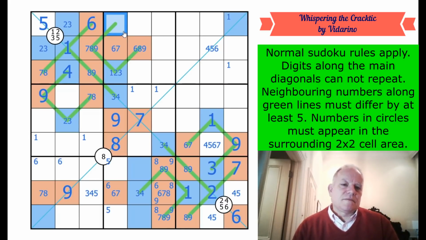This, I don't see how that's limited at all at the moment. That's the trouble. That's not a triple. Can that be 3? I think it still could. I think that could be 3 with an 8-9 pair there.